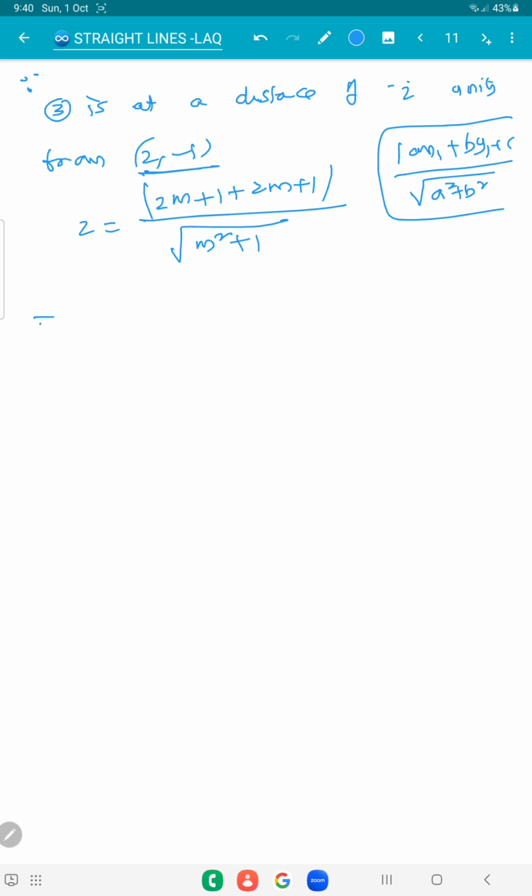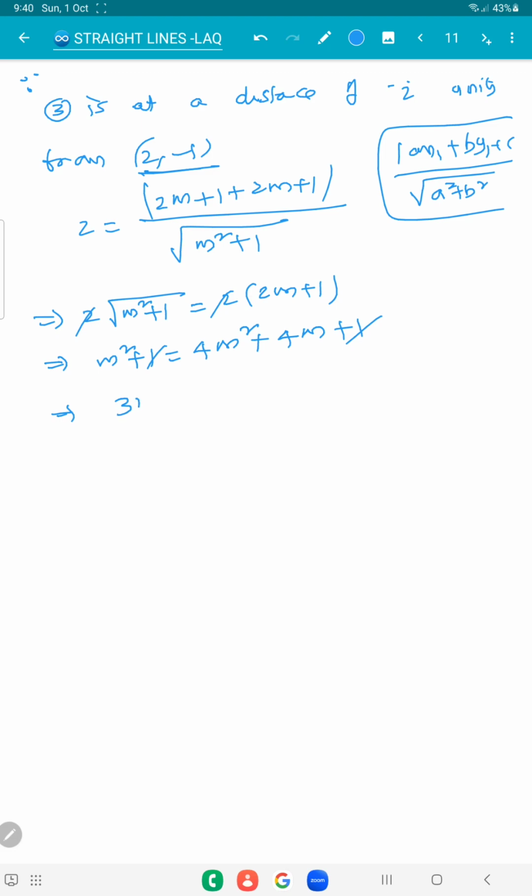So now 2 times root of m square plus 1 is equal to, this is 2m plus 2m, 4m, 2 comma 2m plus 1. Squaring on both sides, we get m square plus 1 is equal to 4m square plus 4m plus 1, cancel. 3m square plus 4m is equal to 0, m common, 3m plus 4 is equal to 0. m is equal to 0 and m is equal to minus 4 by 3.